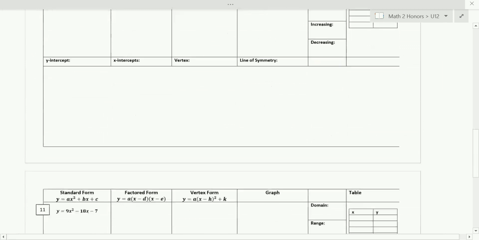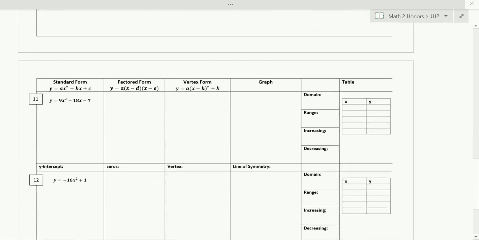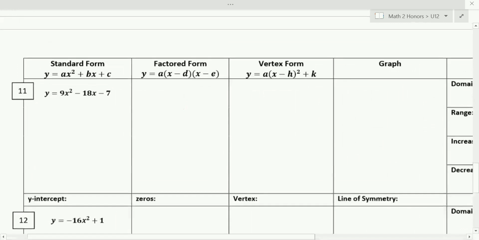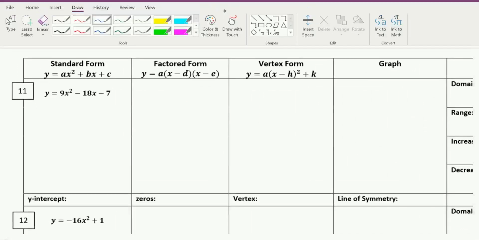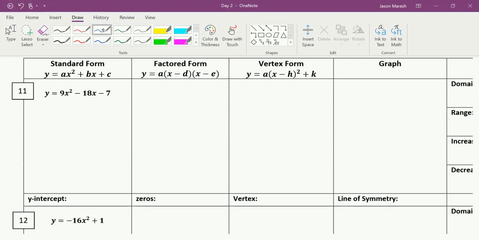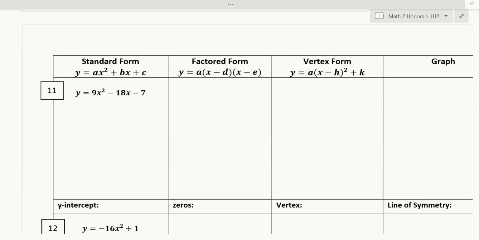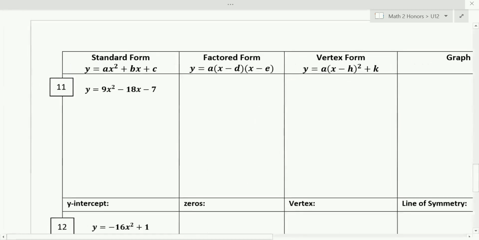So the last one I want to do together is number 11. Okay, 11, we start in standard form. And we work from there, and I want to, again, work together with you guys on this one. And so how would you start on number 11? Try to factor. Okay?